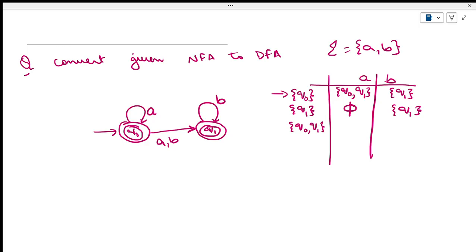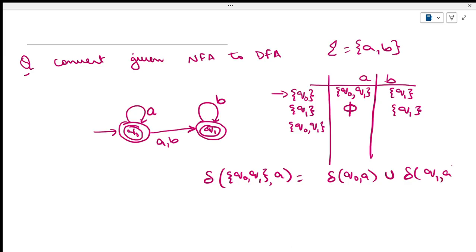So what was the method of doing this? Delta of {Q0, Q1} on reading A is delta Q0 A union delta Q1 A. See the original diagram.